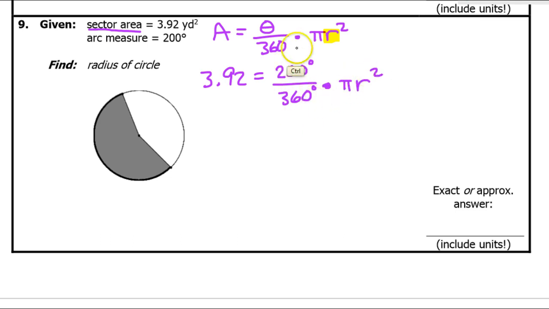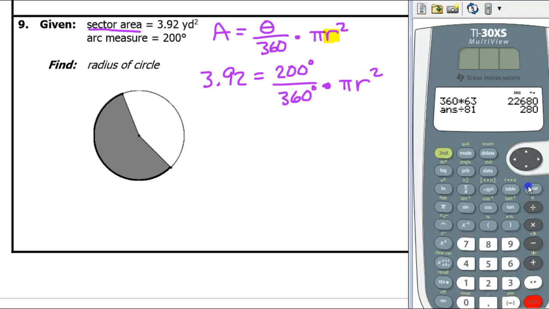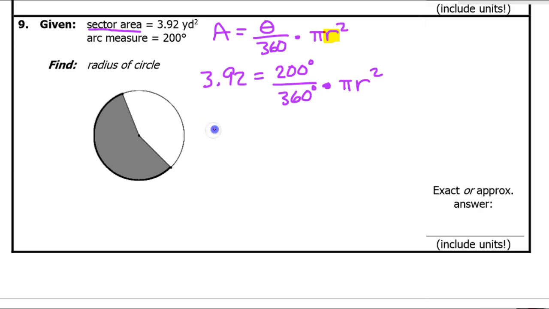Now, on a problem like this, I like to reduce this fraction just to make my numbers smaller. So 200 over 360. That's 5/9. So I have 3.92 is equal to 5/9 times pi r squared.